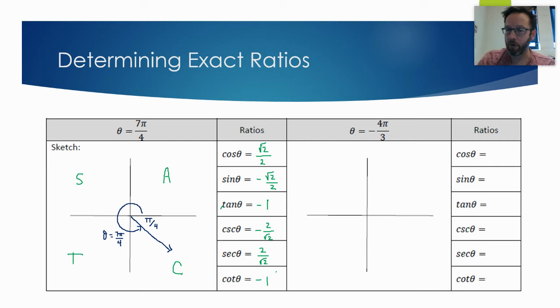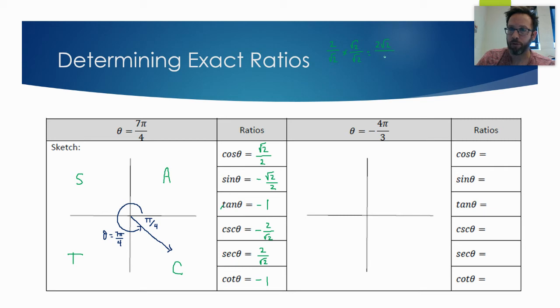Now, for these reciprocal ratios, these are okay as they are. But I might just maybe up here, just show that 2 over root 2, we can rationalize that. If you multiply by root 2 over root 2, see what happens. You get 2 root 2 on top.